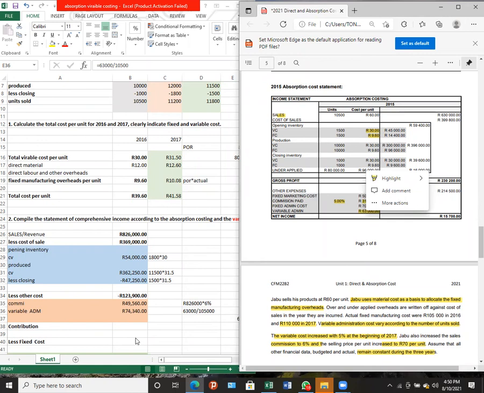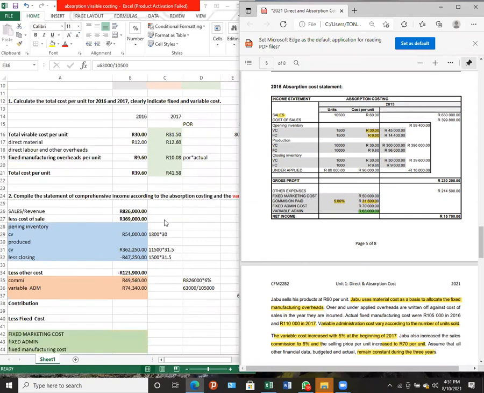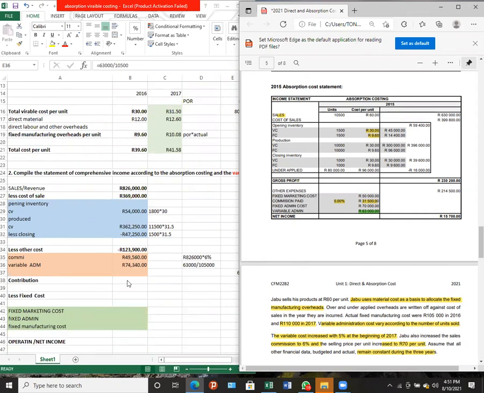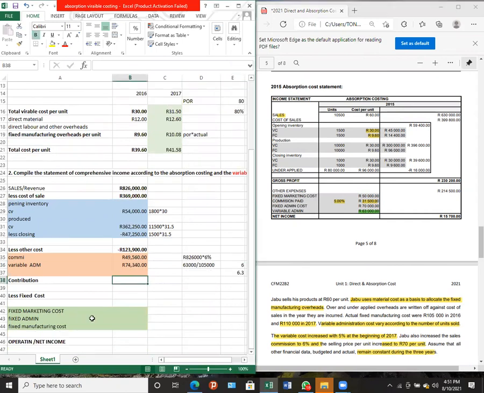I hope, guys, everyone now is covered. I can continue. Any question? Okay. Remember, guys, the formula to calculate the contribution. Are we together?